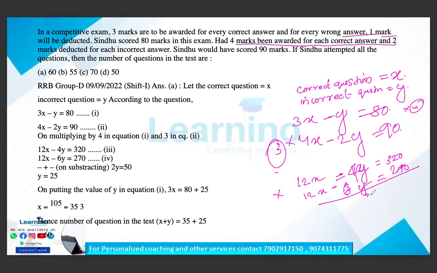So 2y equal to 50, y equal to 25. On putting the values, 3x equal to 80 plus 25, x equal to 105 by 3. So x equal to 35.